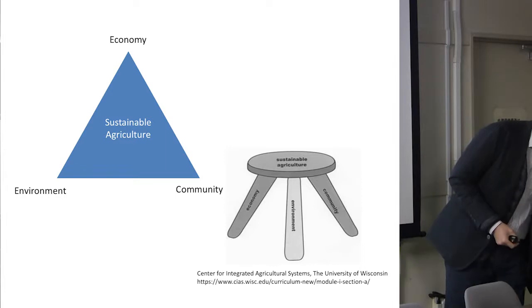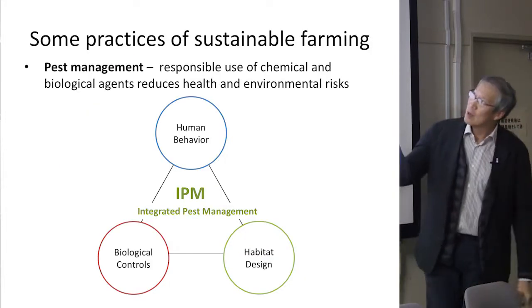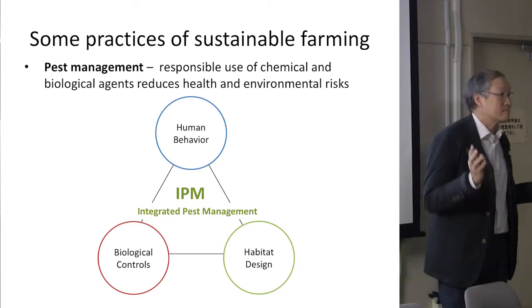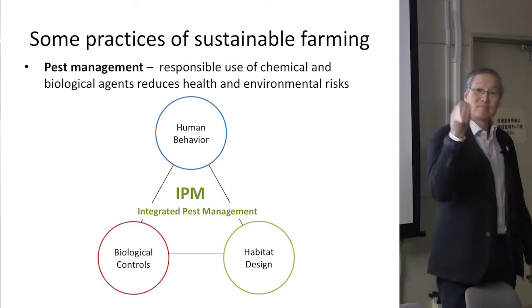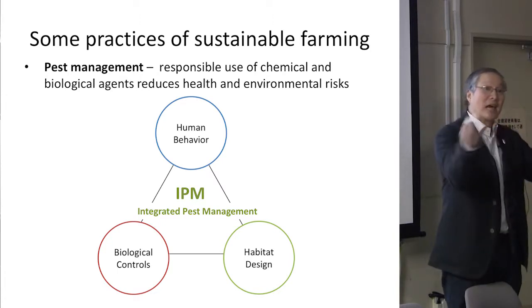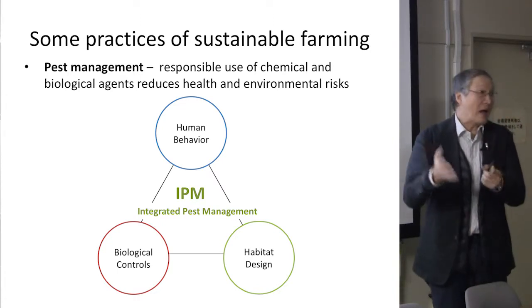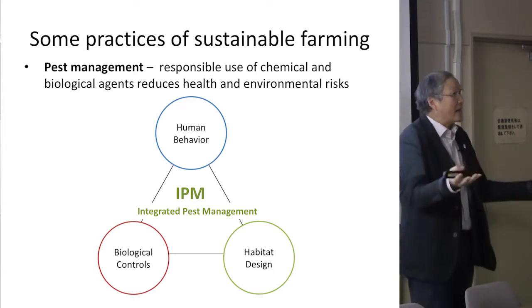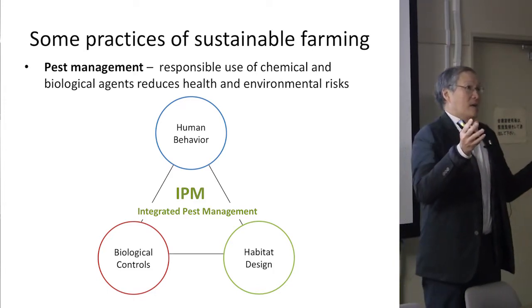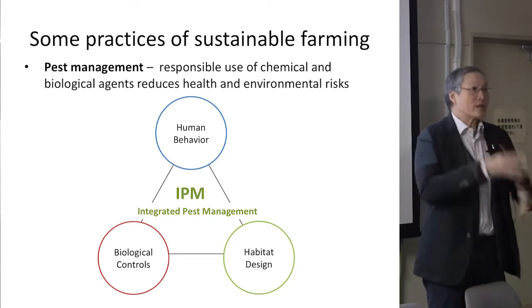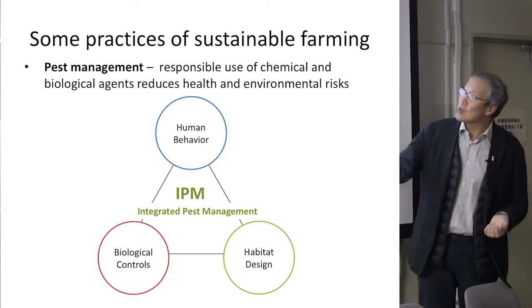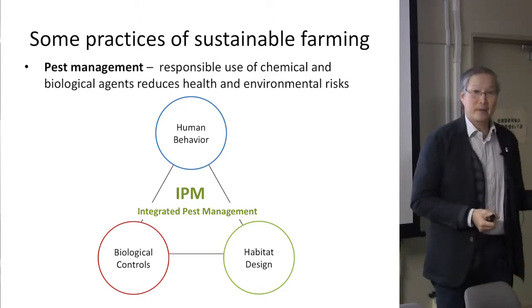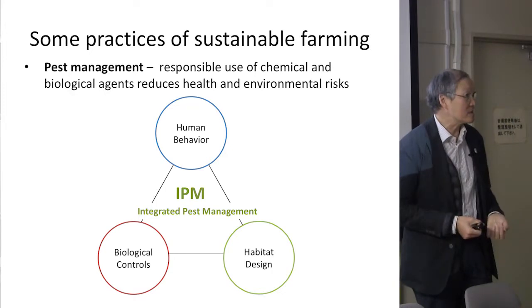For example, in farming, when we talk about sustainable farming, we talk about pest management. You know, pest management. Bad insects attacking the plants, rats and other harmful animals eating your rice. That's a problem. So how to handle that sustainably? I want to introduce to you the term integrated pest management, IPM. Very common in the tropical countries.